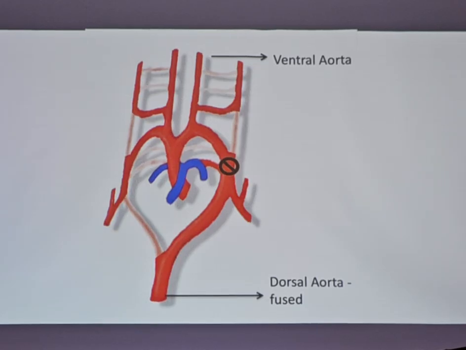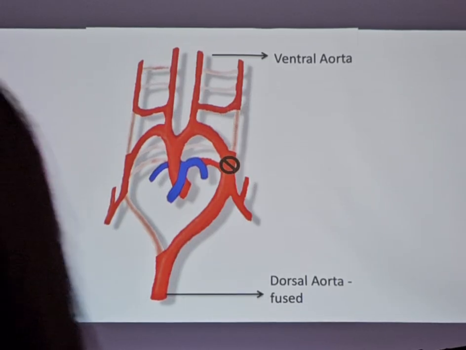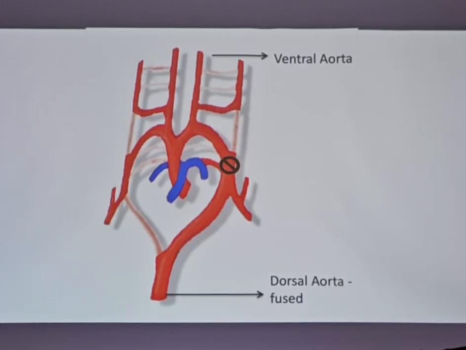So the left-sided fourth aortic arch is absent, bypass graft over here, and then the trunk is giving rise to subclavian, common carotid. So this is absent, blocked off there. Good. All right.